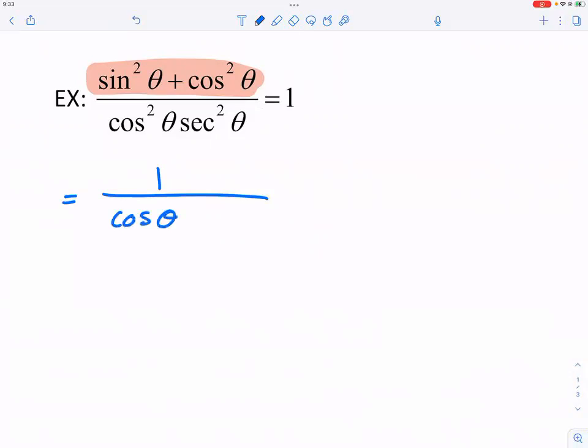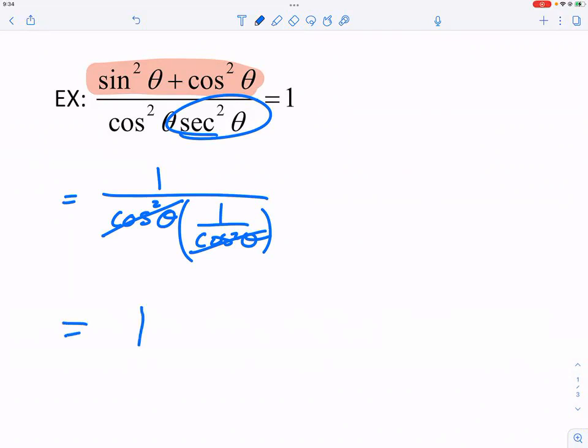And when we say cosine square theta times secant square theta, should we think about secant square theta as 1 plus tangent square theta, or 1 over cosine square theta? We prefer to think about this as 1 over cosine square theta because they cancel each other out. So you get 1 over 1, and that's equal to 1, and we're good.